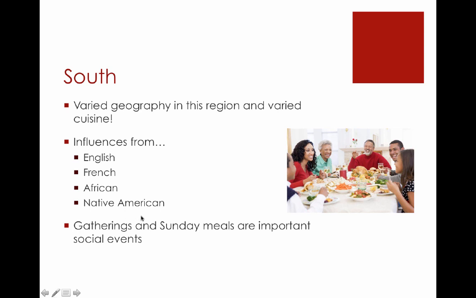And we'll note that because of the influence of Christianity and the forced conversion of Native Americans and the slave owner traditions and how they passed onto the African slaves, Sunday meals and other gatherings are important social events.